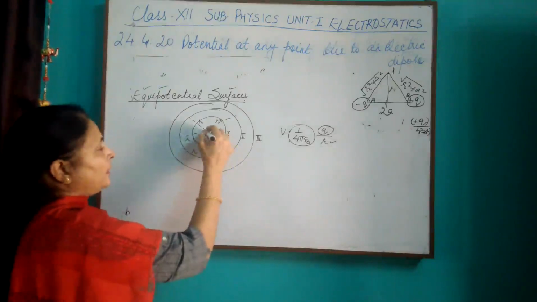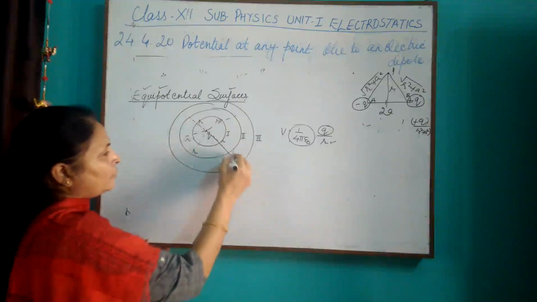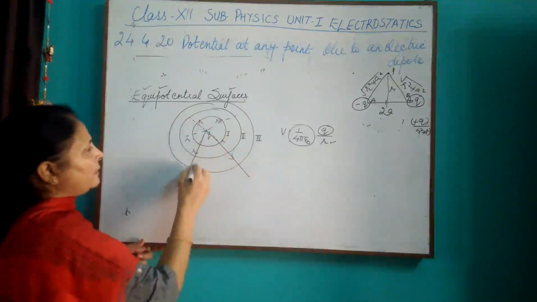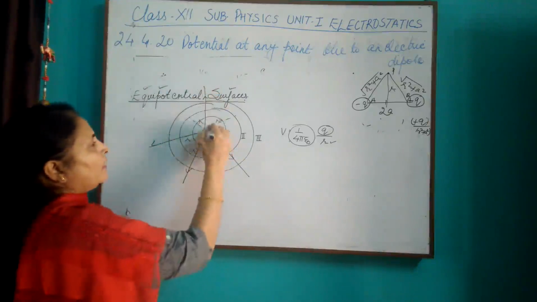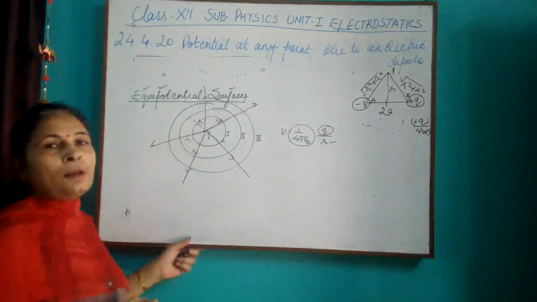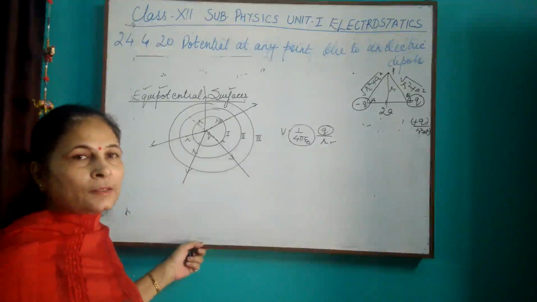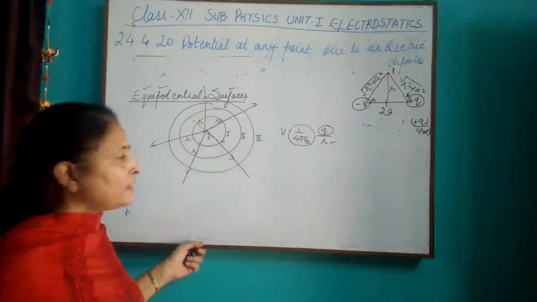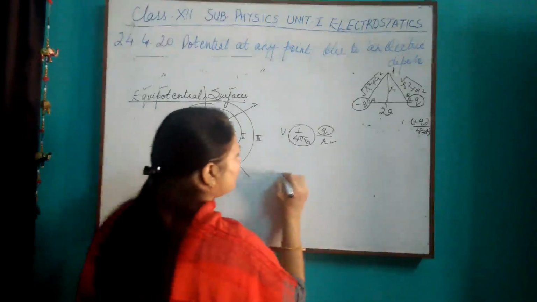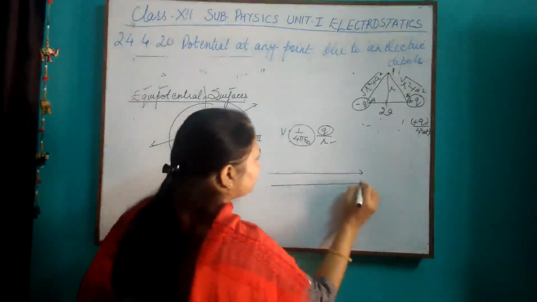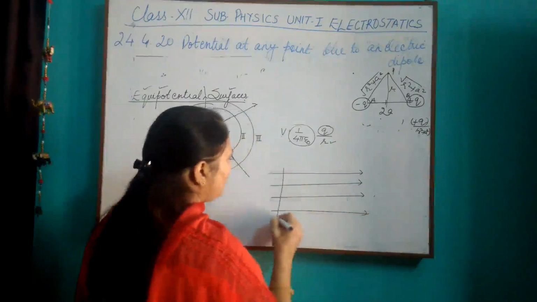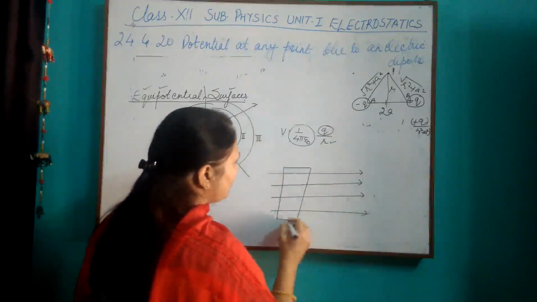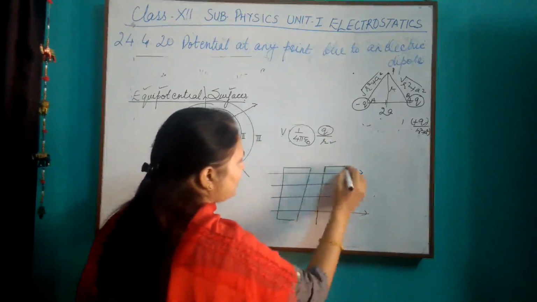And electric field, as you all know, will always be perpendicular to the given equipotential surface. You have already drawn electric field lines. Like for a uniform field, electric field, uniform field, equipotential surfaces will be plane surfaces like this.